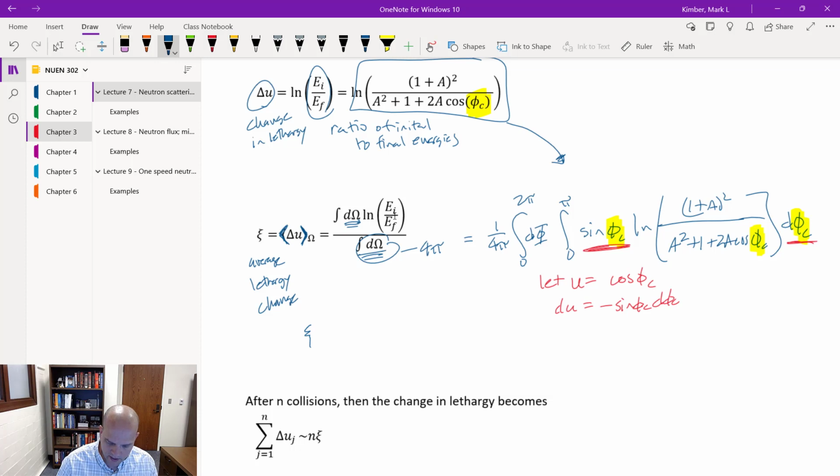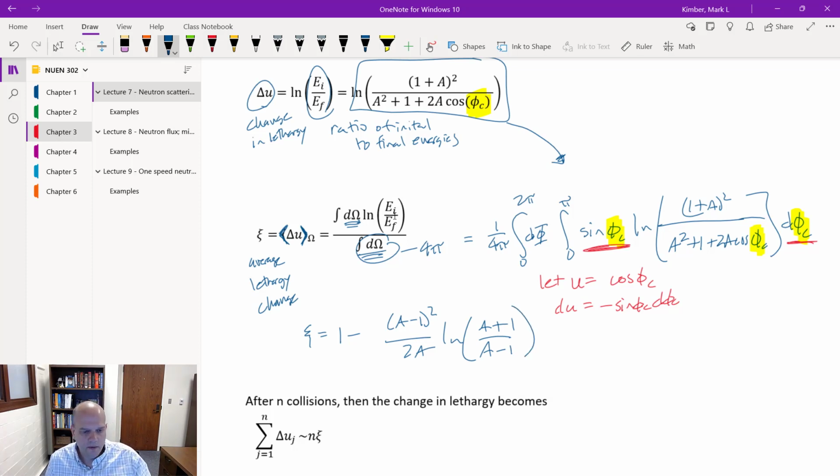But at the end of this, we find out that the average lethargy change, and this now is accommodating all scattering angles across that entire solid angle domain, is going to be 1 minus (a minus 1) squared, over 2a, times the natural log of (a plus 1) over (a minus 1).